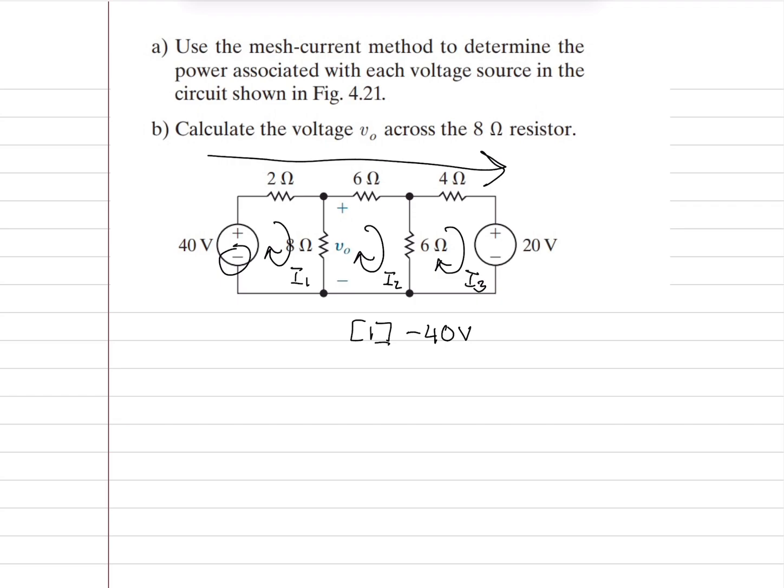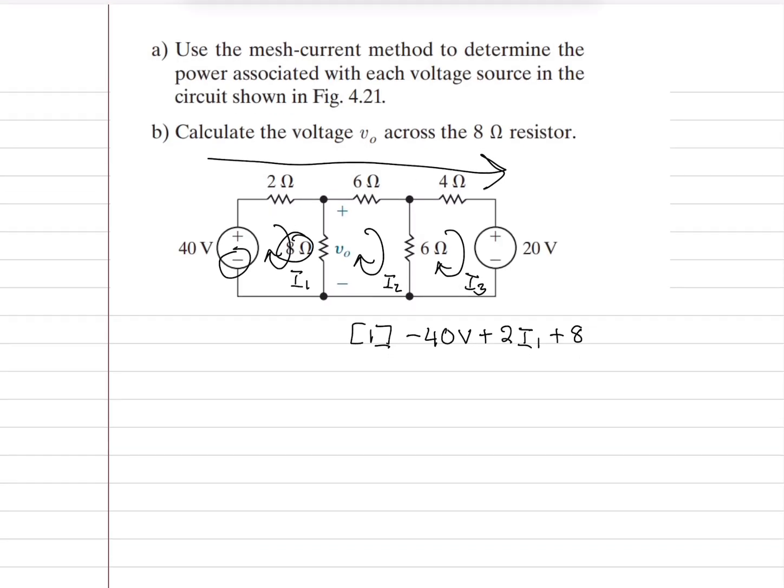Then we go through the 2 ohm resistor, so plus 2 ohms times the current that goes through it, I1, plus 8 ohms, because there's an 8 ohm resistor over here, multiplied by I1 minus I2. I forgot to write that this equals 0.